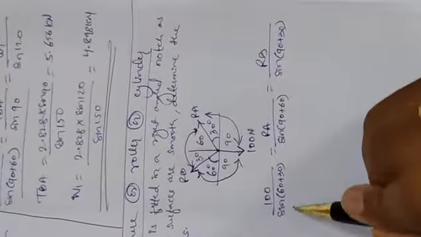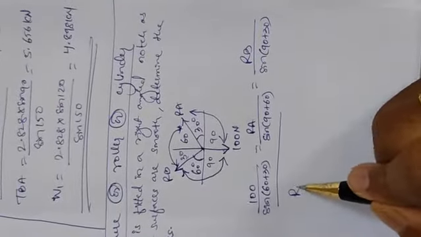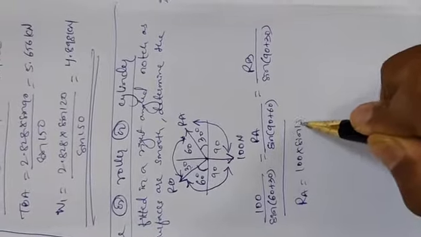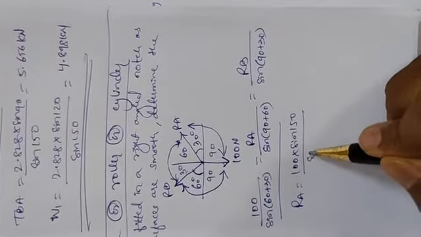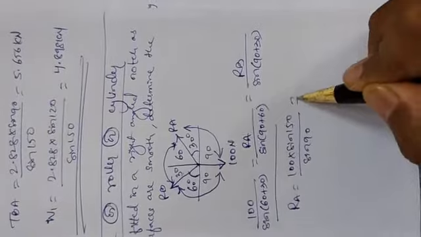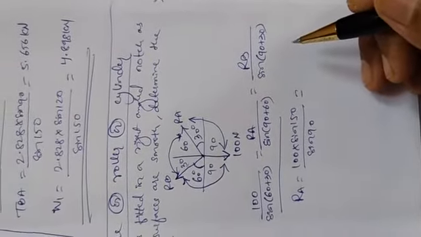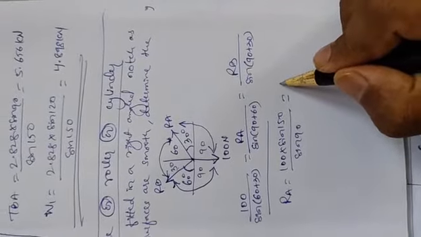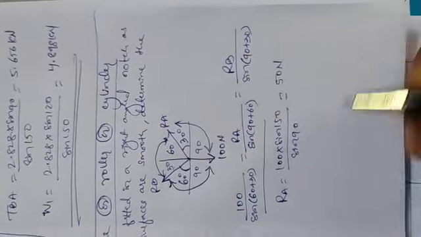Now we'll use the first two to calculate RA. RA is equal to 100 into sine of 150 divided by sine of 90, which comes to 50 Newton.